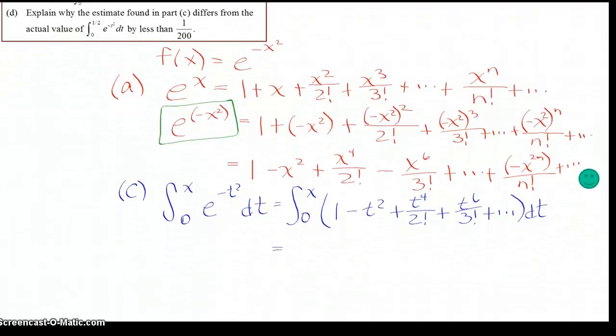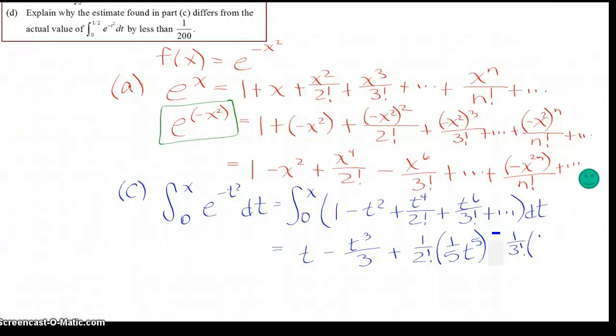And so now what I would get is t minus t cubed over 3 plus, this would be 1 over 2 factorial, 1/5 t to the 5th, and then plus 1 over 3 factorial, 1/7 t to the 7th, plus dot dot dot, and we're evaluating from 0 to x.